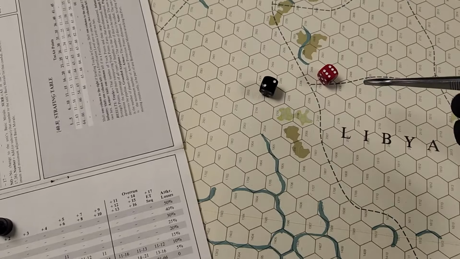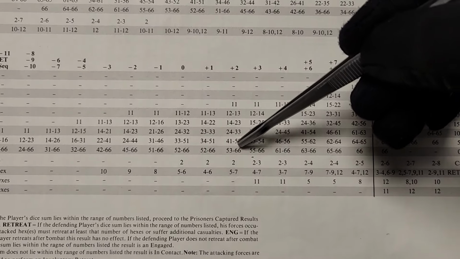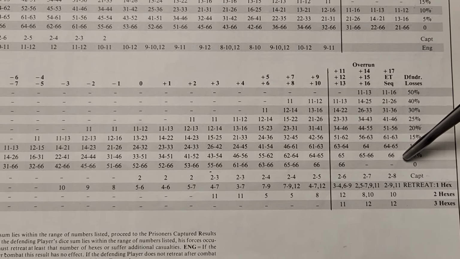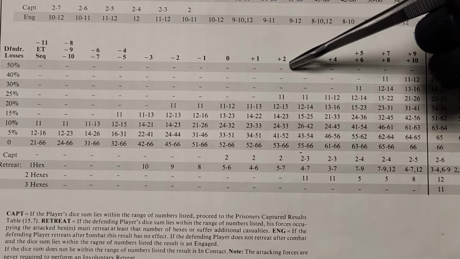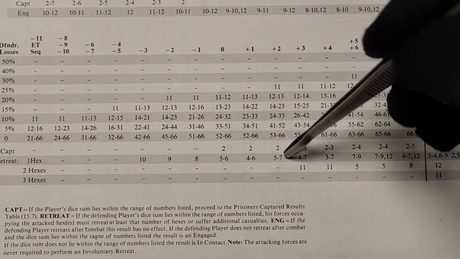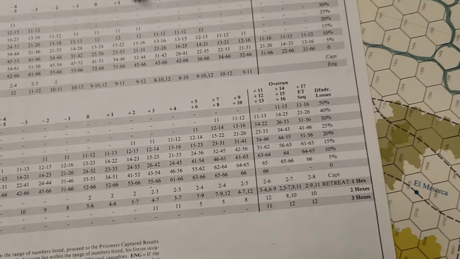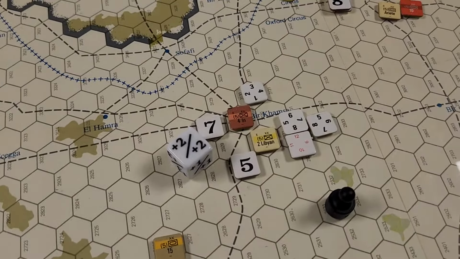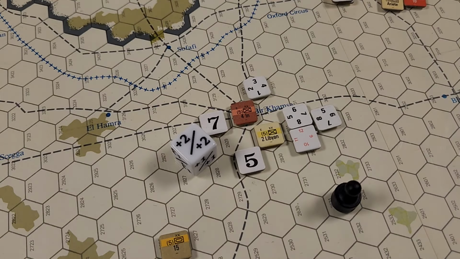They roll a 62, nothing's going to happen to them. 53, it's going to be 0%. And a 6 and a 2 is an 8. We're here, and nothing here. All right, so I didn't have to retreat or anything like that. So the Italians will lose 10%. Fourth Indian loses nothing.